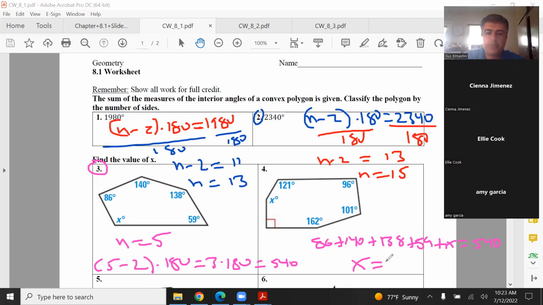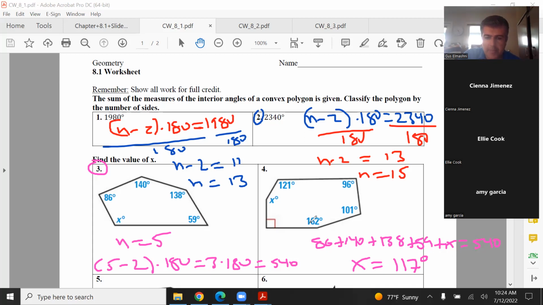If we work that out, you should get 117. So you should get 117 degrees for number 3.